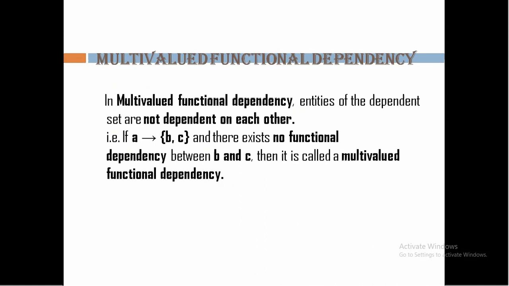Multi-valued functional dependency: the entities of the dependent set are not dependent on each other. If A → BC and there exists no functional dependency between B and C, then it is called a multi-valued functional dependency.